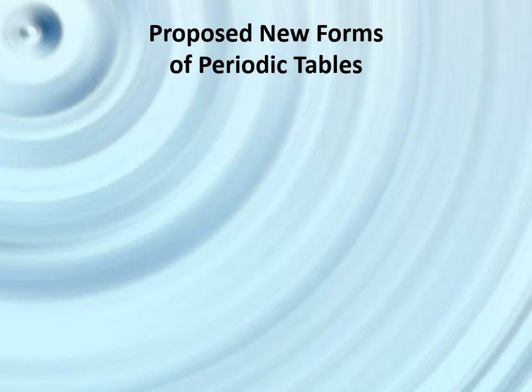Now, there are some people that say the periodic table as we have it today is very user unfriendly, very difficult to understand. And so they have proposed some new forms of the periodic table. And I'd like to take a couple minutes and show you some of those.